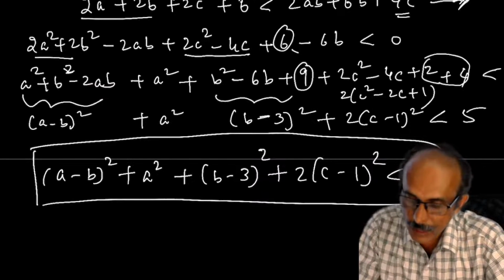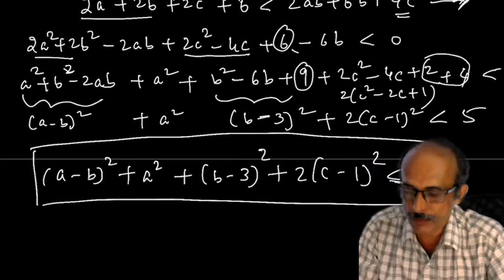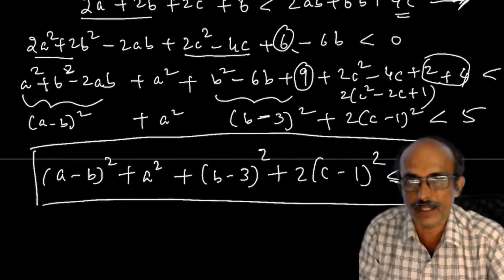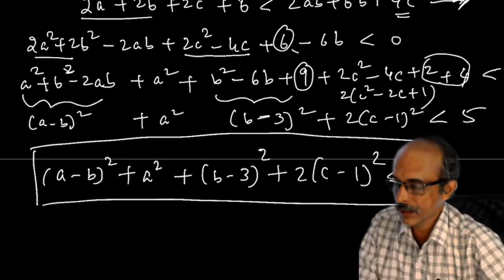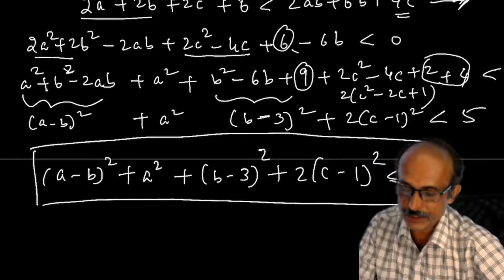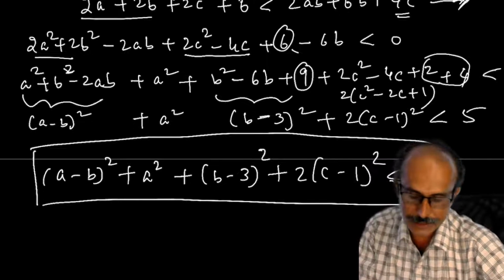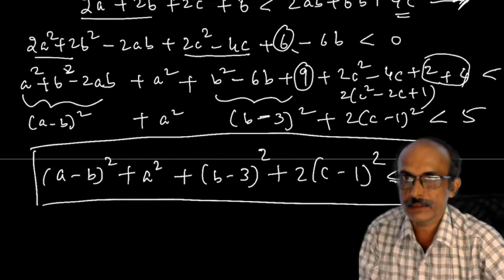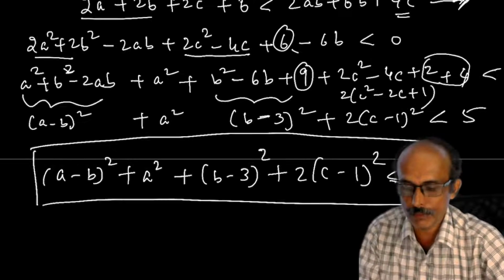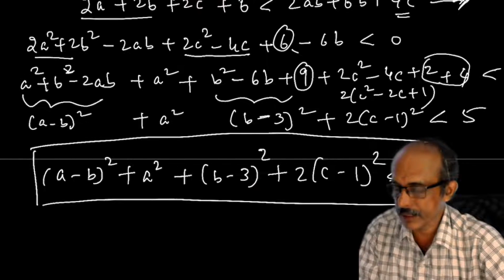The upper bound is 5, it cannot go beyond 5. So there are some restrictions. You can now focus on what are the possible values that each term can take. It can be 0, it can be 1, it can be 4, because they are squares. Not more than that.